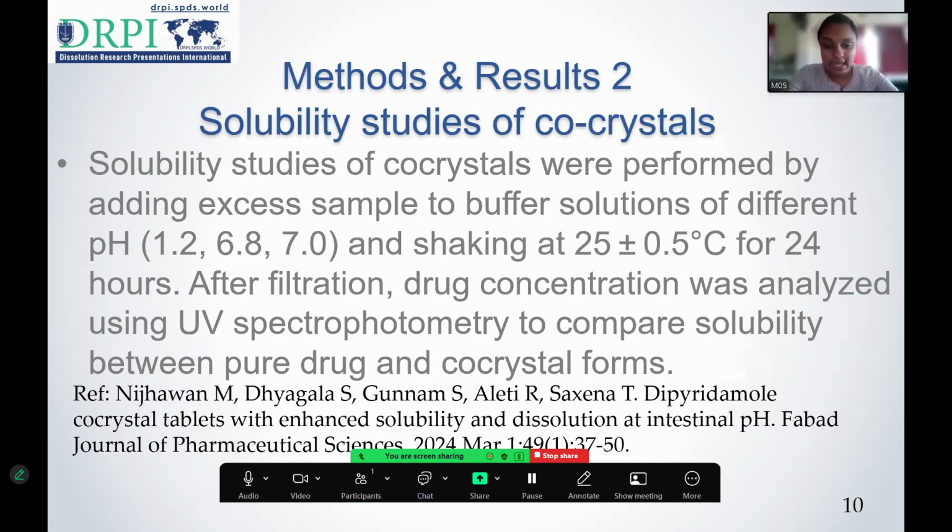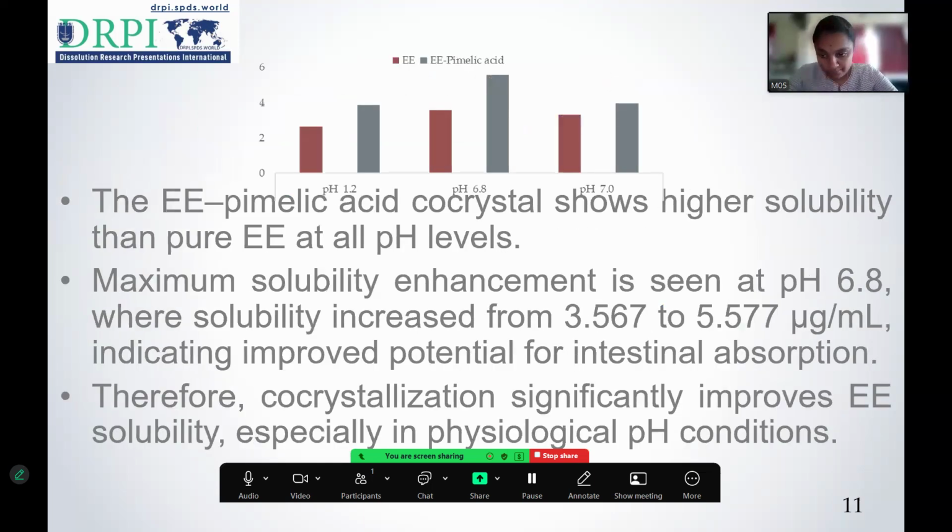As the co-crystal enhances the solubility and dissolution rate of the drug, solubility studies were carried out at different pH levels using an orbital shaker at room temperature. After filtration, the samples were analyzed by using UV spectrophotometry.